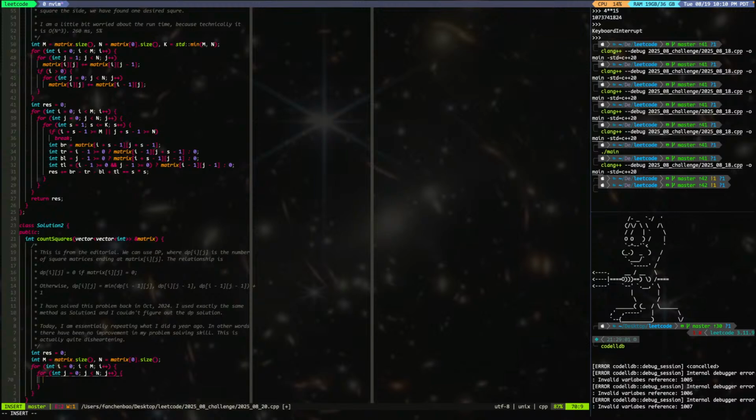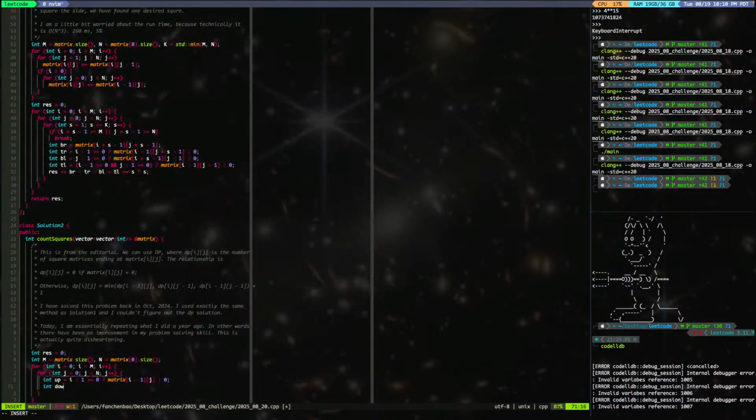Well, we have up, down, diagonal. We have 3, right? So up shall equal, if i minus 1 is at least 0, then matrix[i-1][j], otherwise it's 0.